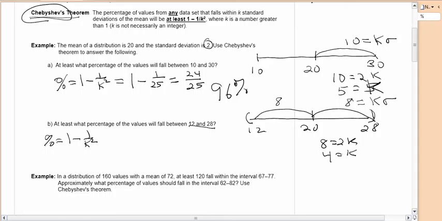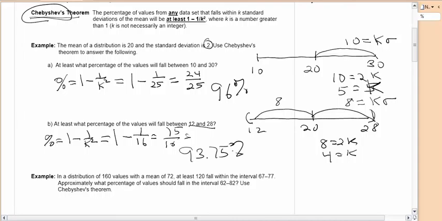So now we have k. We're going to plug it into the formula. 1 minus 1 over 16, which is 15 over 16. And 15 divided by 16 is 93.75%.